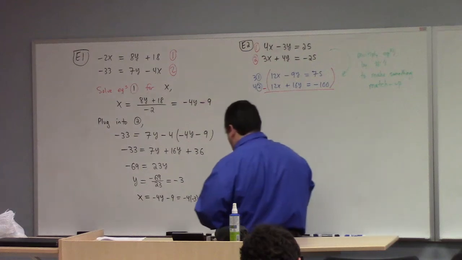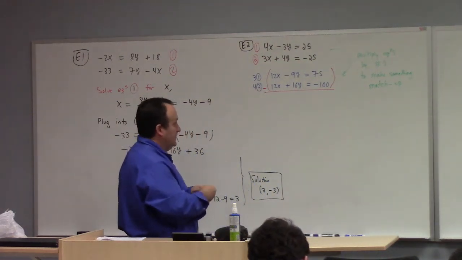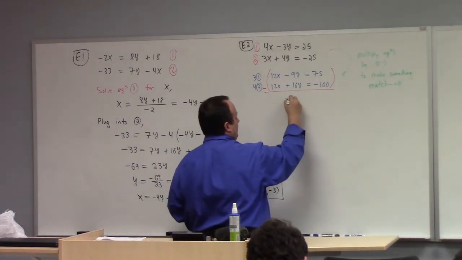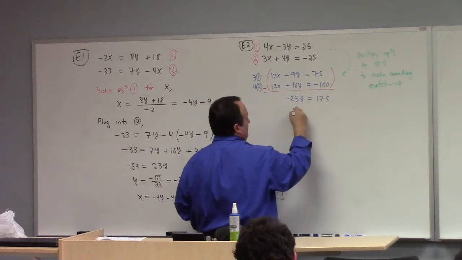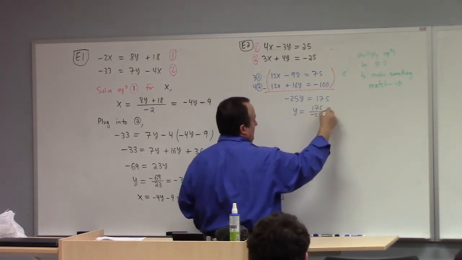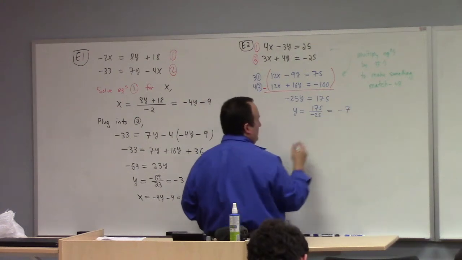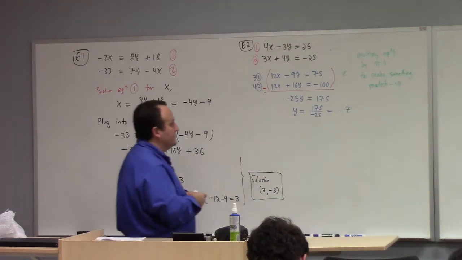So that they'll cancel out, so that they'll eliminate. And so when we subtract, we're left with minus 25y equals 175, which says that y is 175 over minus 25, also known as minus 7. So y is equal to minus 7. What's x equal to?